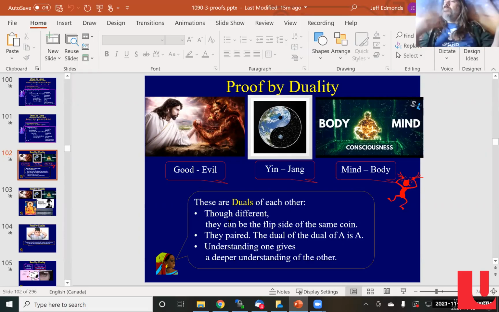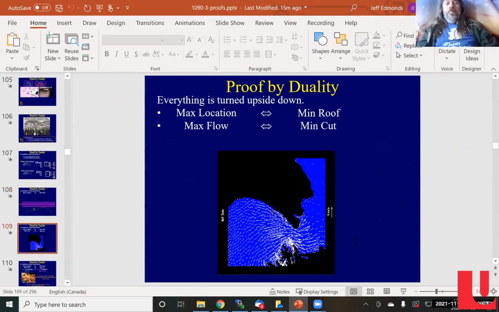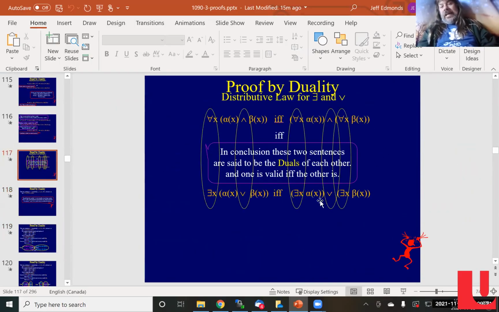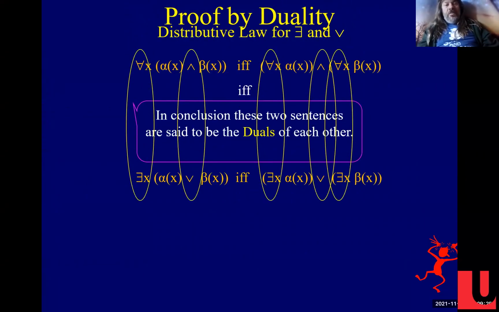In some ways, if you learn about one, you learn about the other. And the other thing that's true about duals is if you take the dual of the dual, you get back to what you started, right? And that's what we have in this example, we're taking the duals. And what we're doing is, the dual is we're changing for alls to exists, and we're changing ands to ors, right?